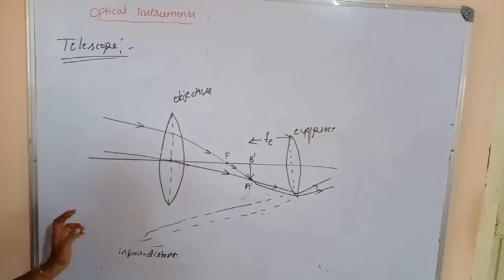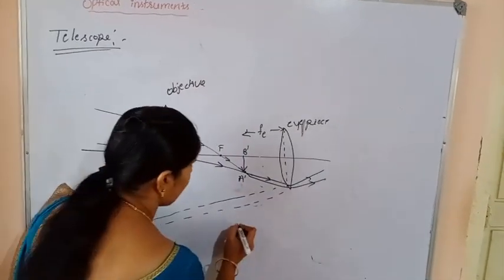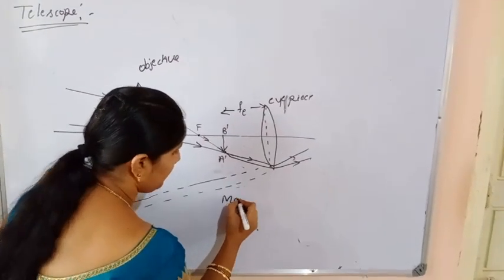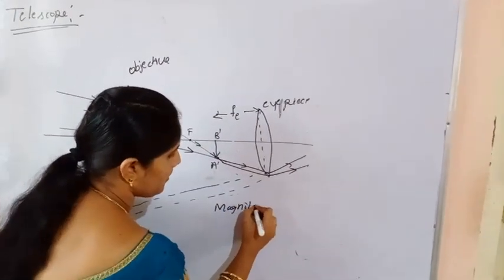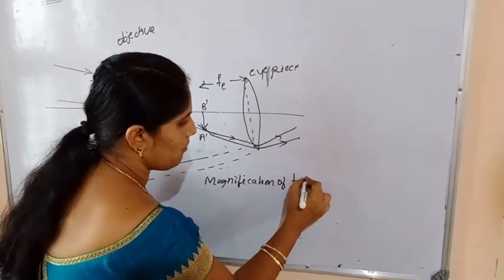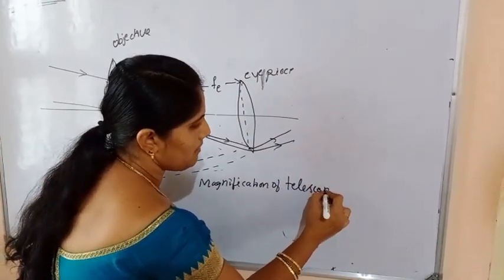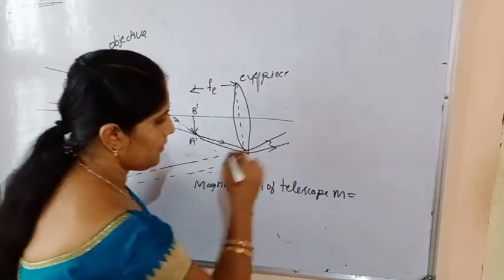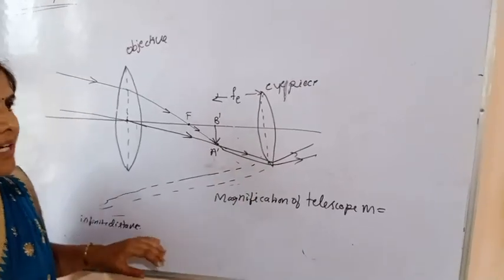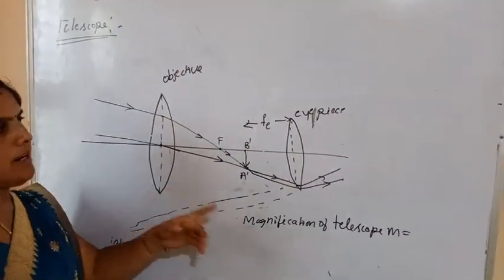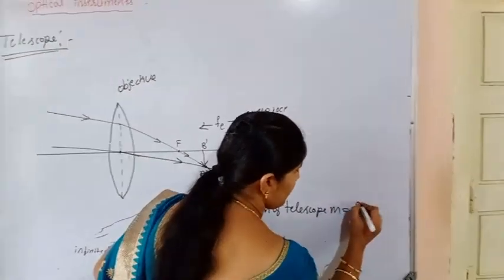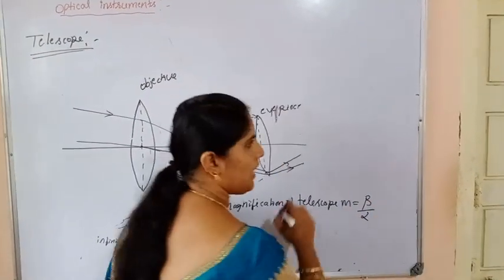Okay. So now I write the formula for magnification power of telescope. So magnification of telescope is given by M is equal to the ratio of the angle subtended by the image at the eye to the angle subtended by the object, that is M is equal to beta by alpha.